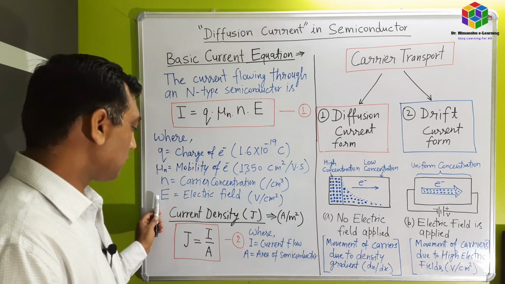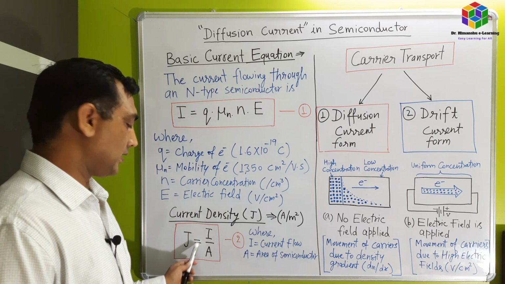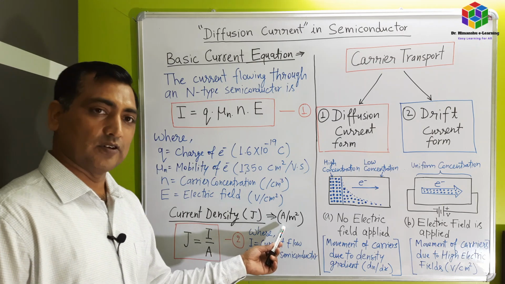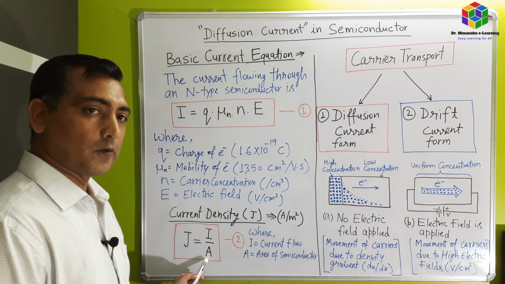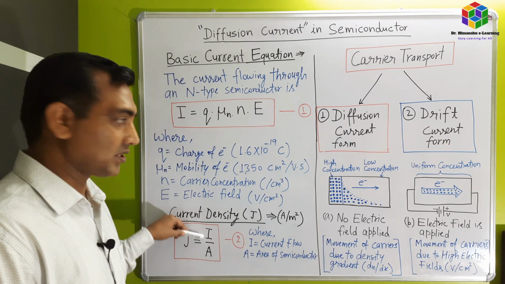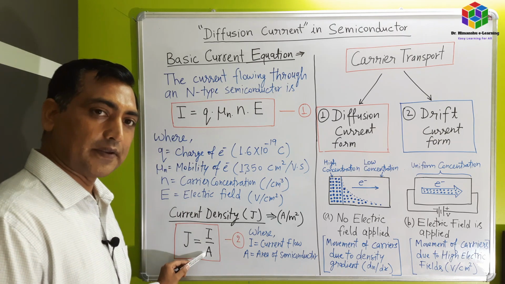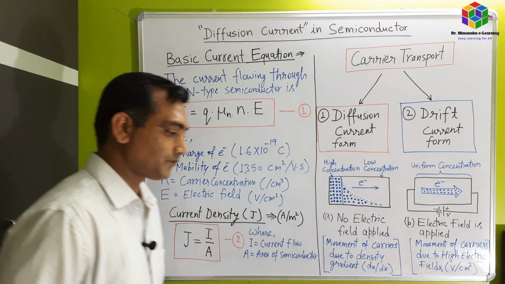After that, the next point is current density. The current density is denoted by J, and its unit is ampere per meter square. So J is equal to I upon A. I is the same which we have discussed in equation number 1, and A is the new term that is called the area of the semiconductor.